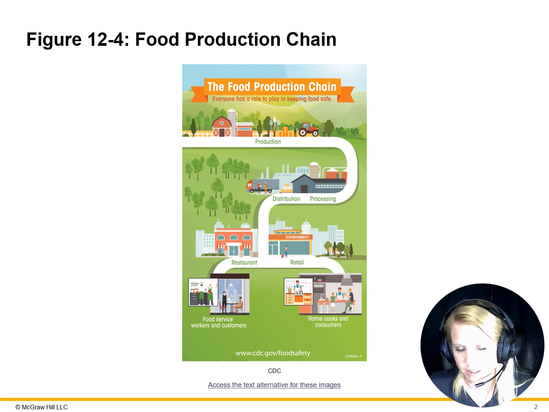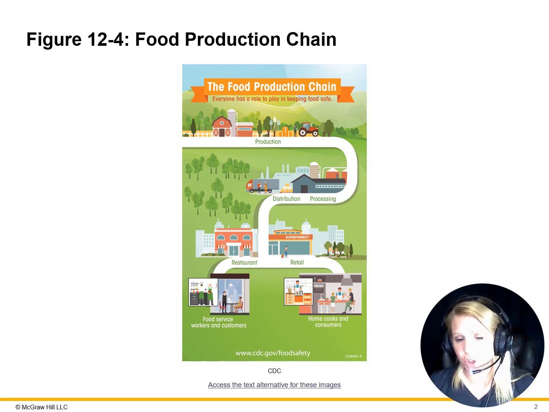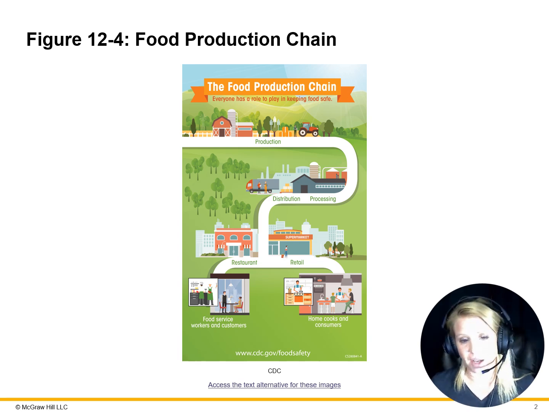And so any exposure that occurs during production all the way to you consuming it, there's a lot of potential for exposure to a chemical, a contaminant, or a pathogen from this very long chain of production. So this is that farm to fork illustration.